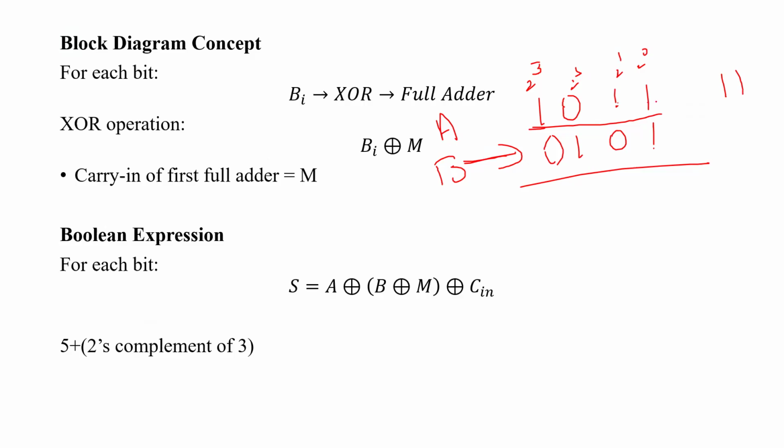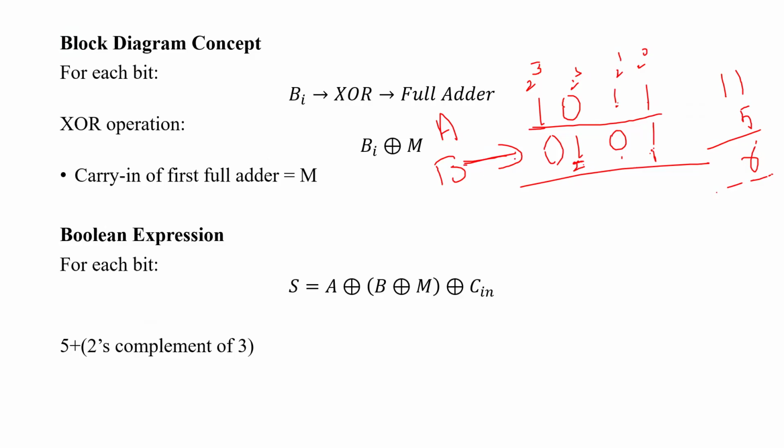Now for this one, 2 power 0 is 1, 2 power 1, 2 power 2, so 4 plus 1 is 5. So I have to get 11 minus 5, which means I have to get 6. This is the answer I have to get. Now we will see how we are going to get the value by subtraction.